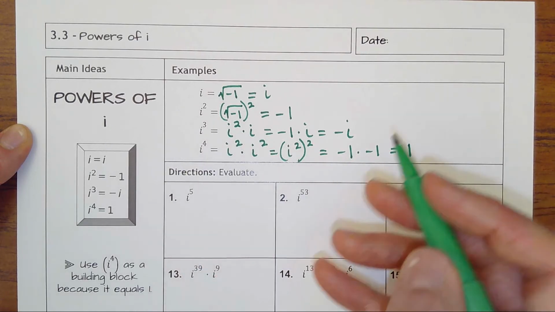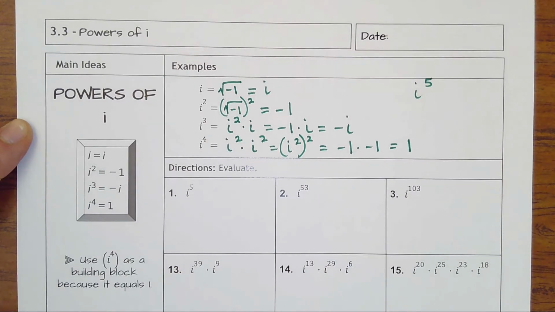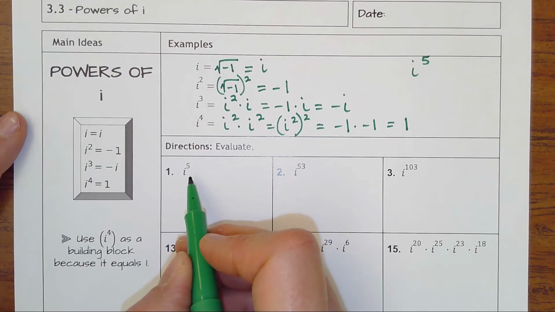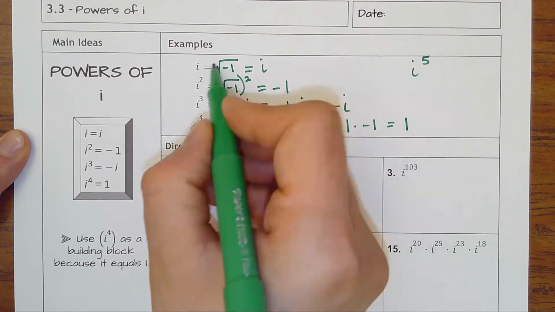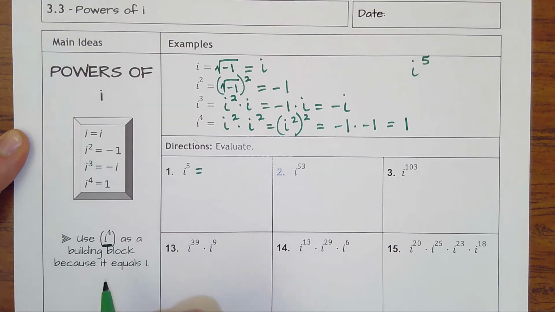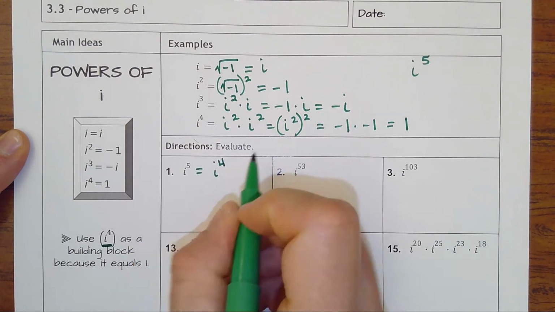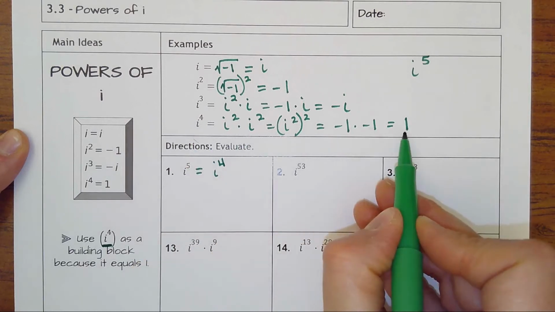But what happens if I had i to the fifth? Think about how we could rewrite that using these. The easiest thing to use is i to the fourth. I'm always going to try to take as many i to the fourths out as I can, because what do we say i to the fourth equals? Simply 1.